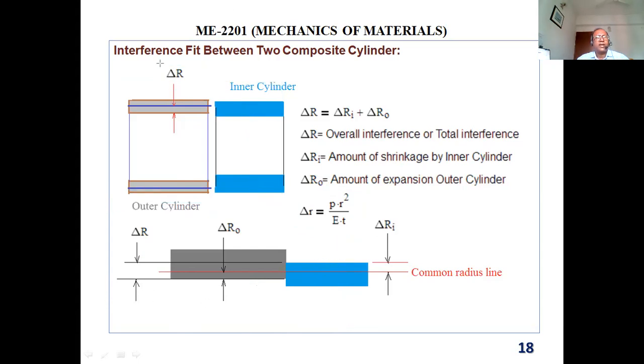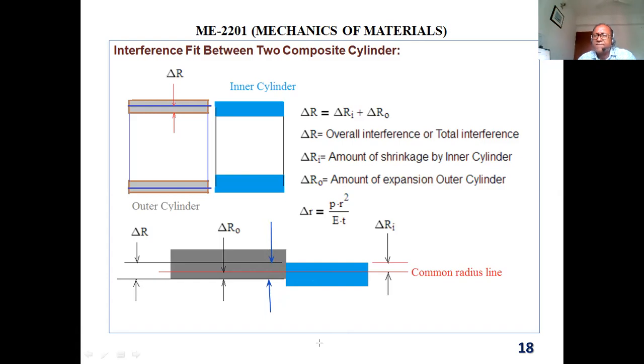So the total interference is this mass, and the arrow should go in the opposite direction. On the second, the total interference will be this mass and this mass, right? This was the difference.